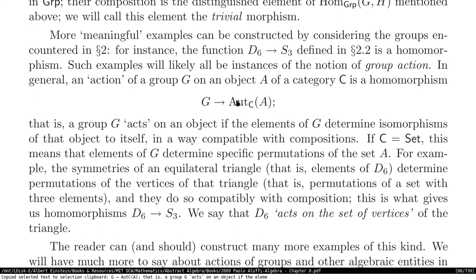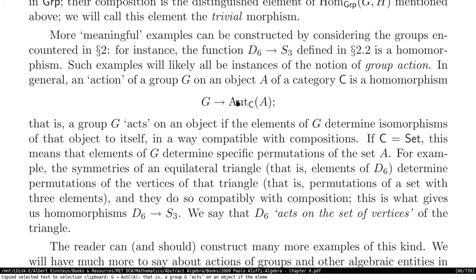For example, the symmetries of an equilateral triangle, that is elements of D6. D6, you remember? They determine the permutations of the vertices of that triangle. That's the permutation of the number of ways you can replace the vertices, that is with S3, of course.